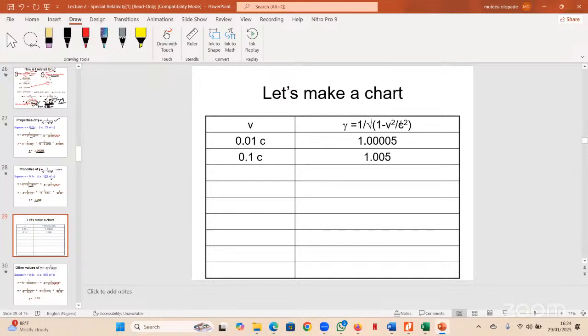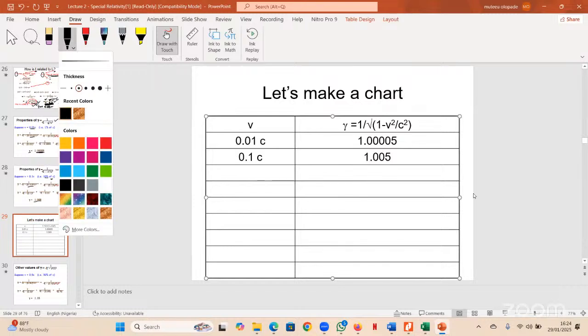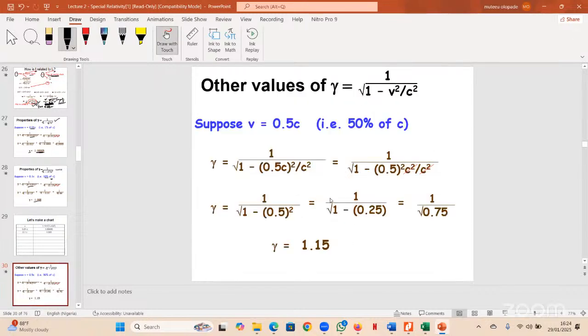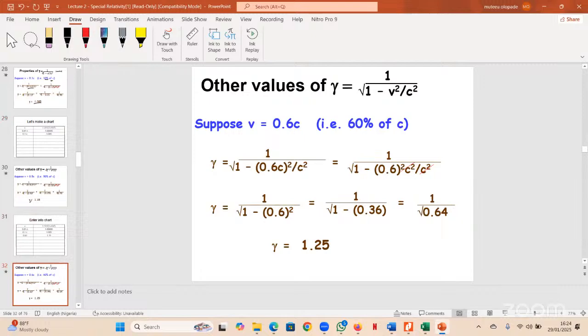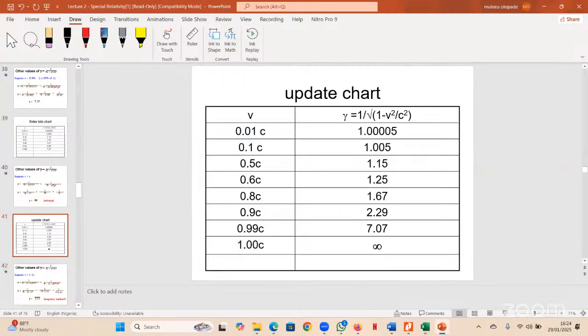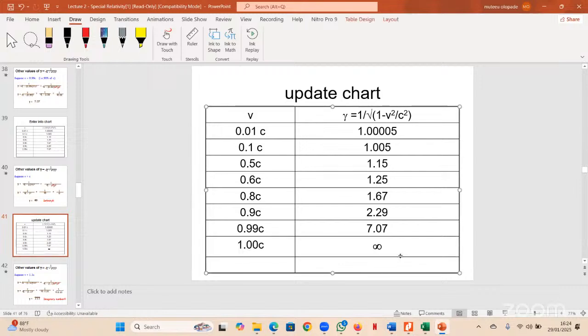If you continue to fill in this table with the necessary values, as you adjust that, if you move to 0.5, you can see the Lorentz factor is increasing as the speed increases. It continues in that manner until you fill up this table. The Lorentz factor increases as the speed V increases.